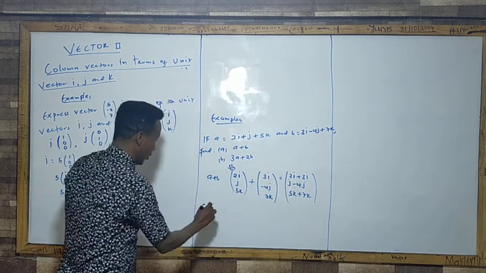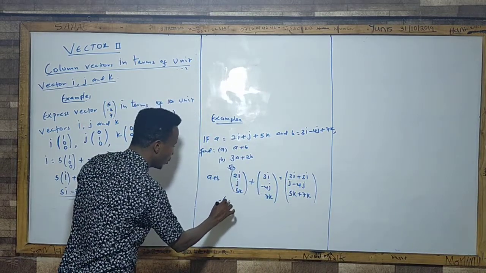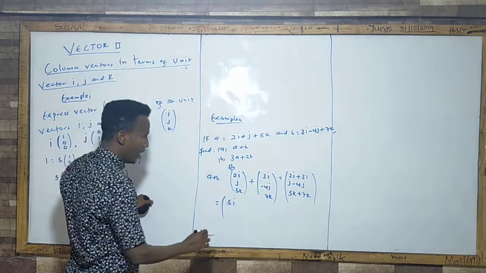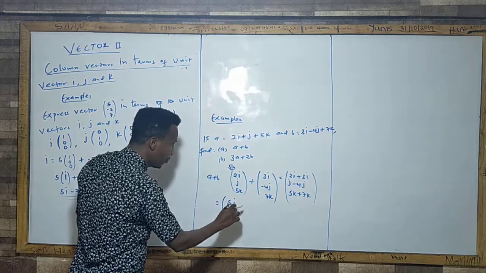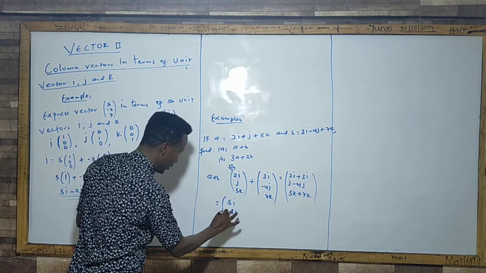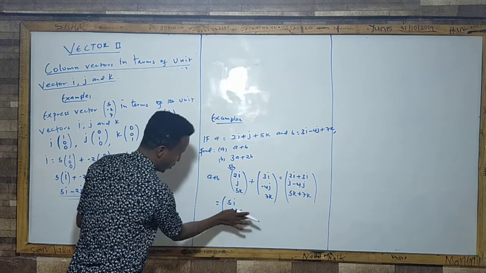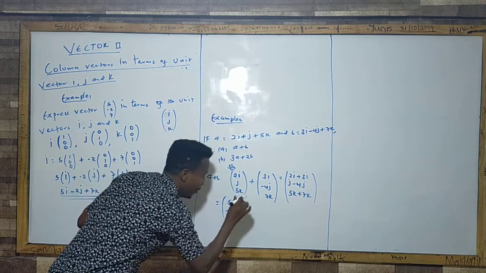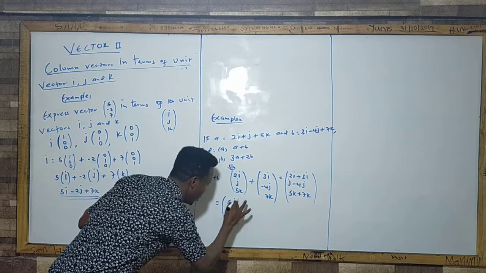2i plus 3i, this will give me what? This will give me 5i, here we'll have negative 3j, just understand, negative 3j, then we'll have 12k, okay.